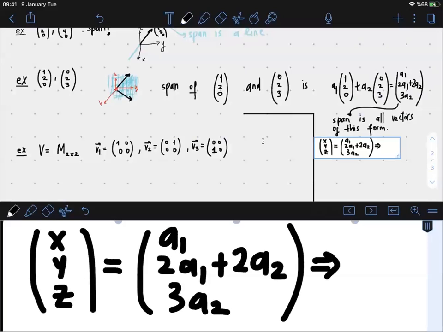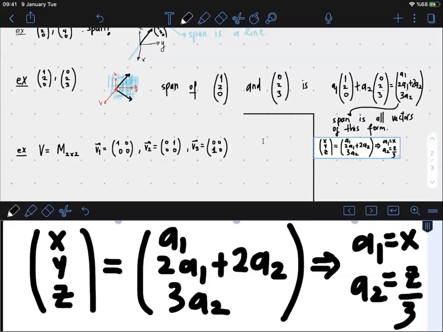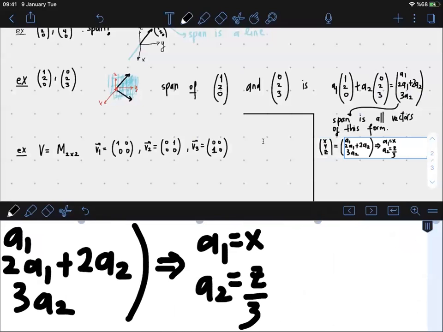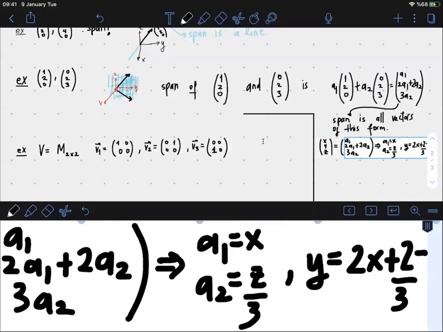So what is the solution? You see right away that a1 should be x, a2 should be z over 3. And what about y? This is the compatibility condition. So y should be 2x plus 2 over 3 z.